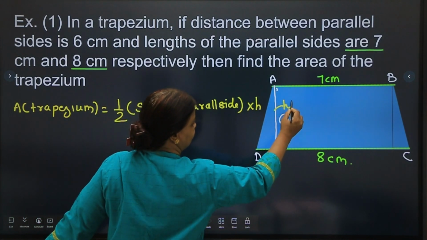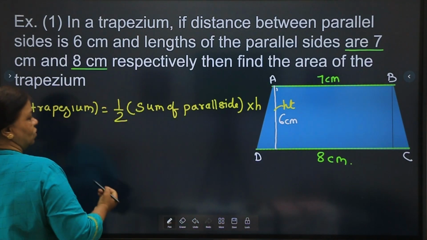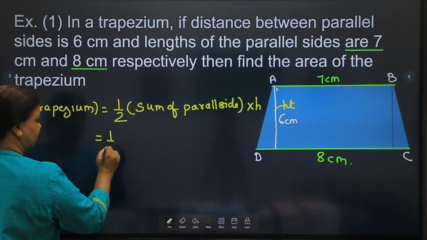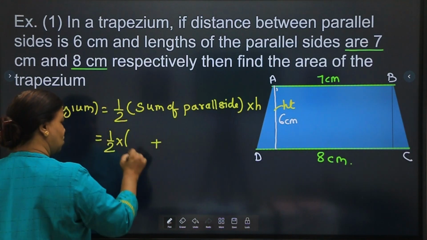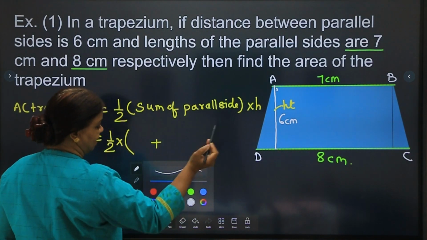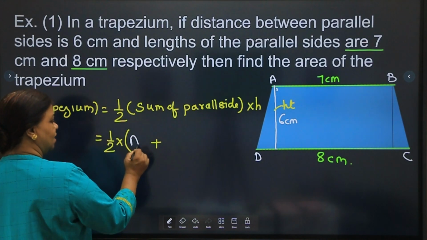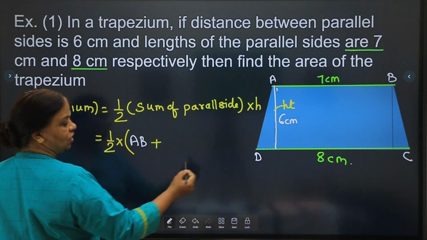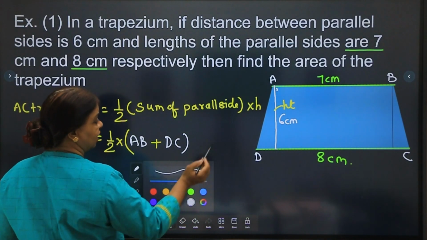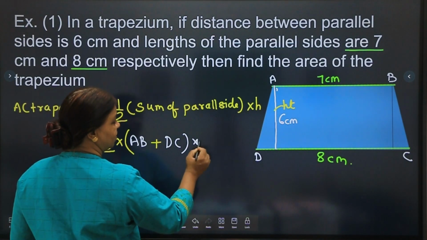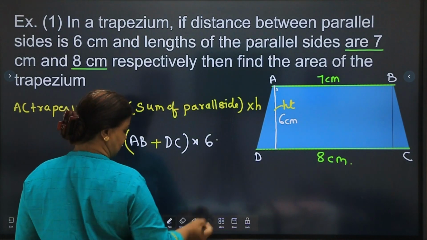This is the height. So let's take half into sum, meaning plus, of which sides? Parallel sides. So AB is parallel to DC, sum of them, into what? Into height. Height is how much? 6 centimeter.